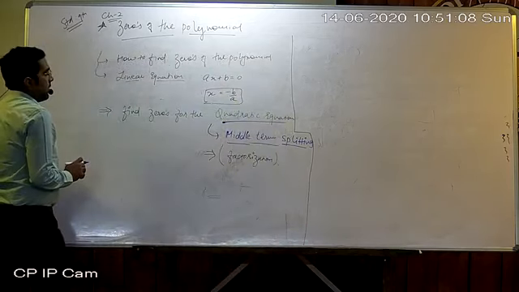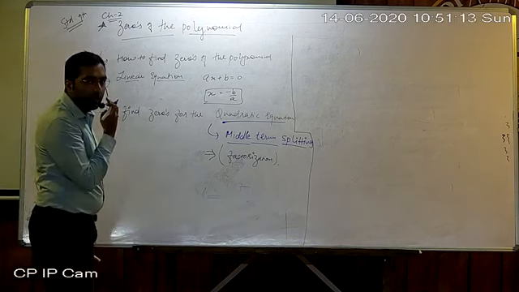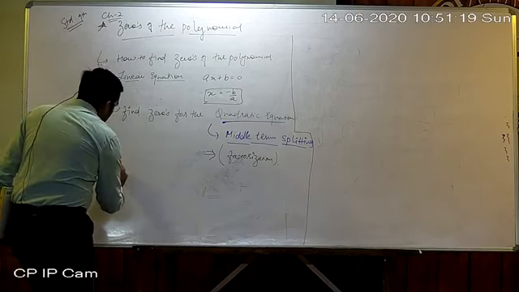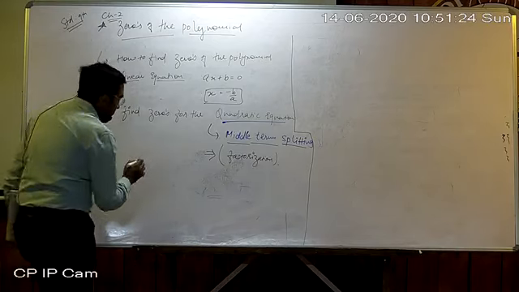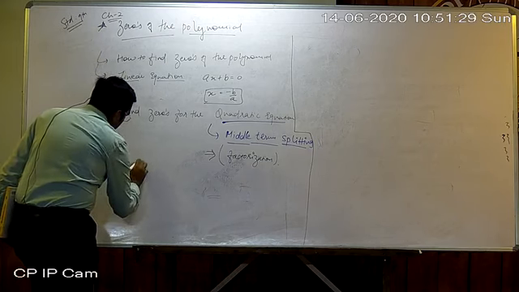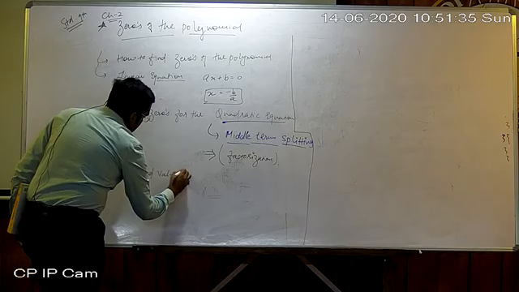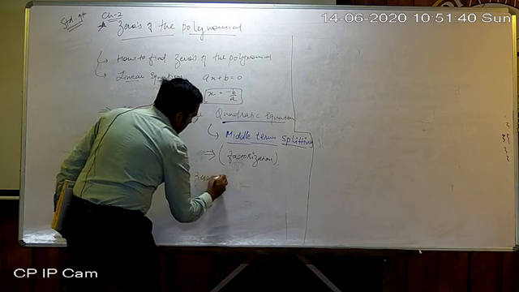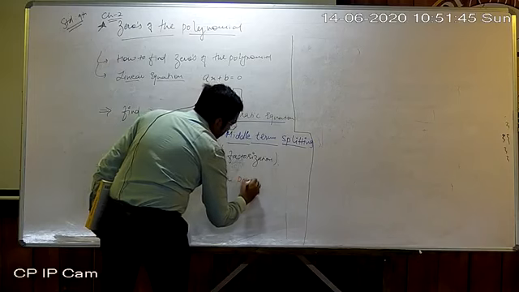For the quadratic equation, we are learning the middle term splitting method, and today's second topic is to verify or find the value of zeros of a polynomial.